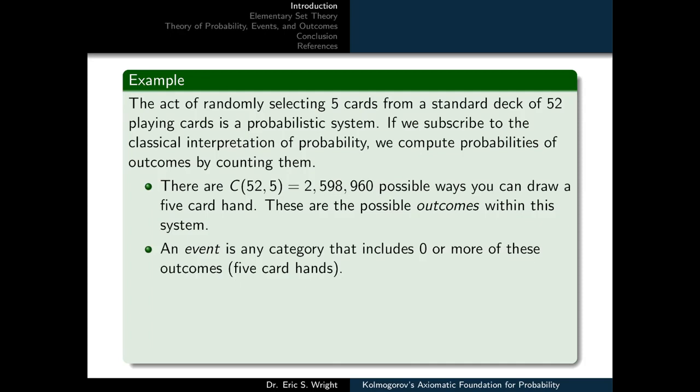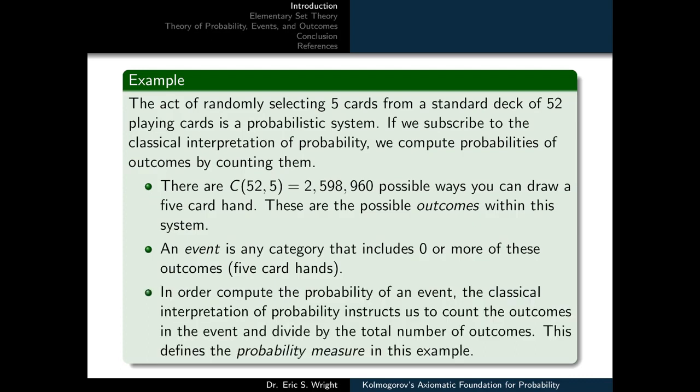An event is any category that includes 0 or more of these outcomes, or 0 or more of these 5-card hands. In order to compute the probability of an event, the classical interpretation of probability instructs us to count the outcomes in the event and divide by the total number of outcomes that are possible. This defines the probability measure in this example.